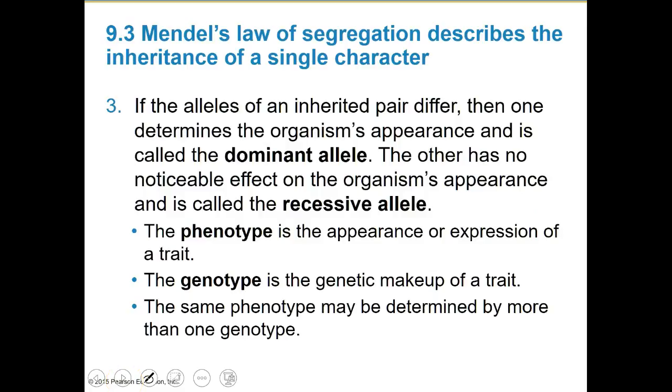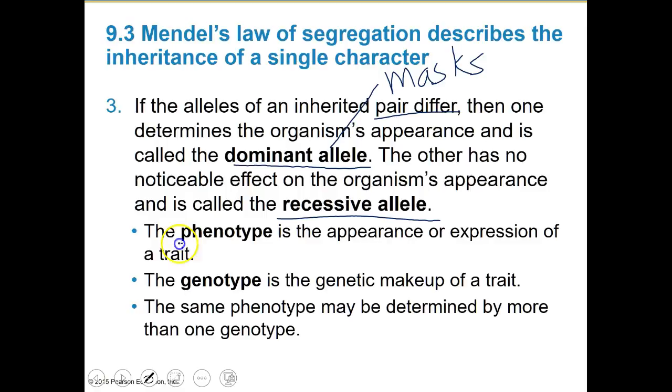If the alleles of an inherited pair differ, then one determines the organism's appearance. It's called the dominant allele. The other has no noticeable effect on the organism's appearance and is called recessive. What I usually say is that the dominant allele masks the expression of the other one. So if we have different ones in a pair, the dominant will mask the recessive.